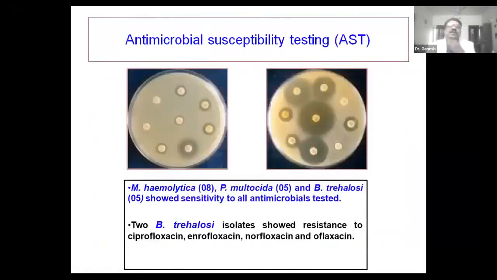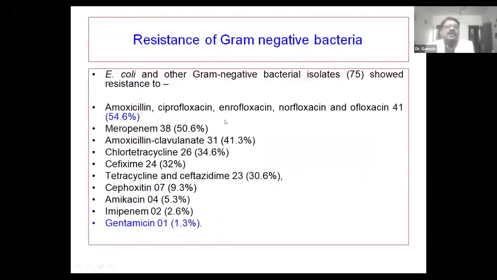Then we conducted antimicrobial susceptibility testing for Mannheimia hemolytica and Pasteurella multocida. We found that there is around 55% drug resistance to amoxicillin, ciprofloxacin, enrofloxacin, norfloxacin, and ofloxacin. These are commonly used antibiotics, and we are getting drug resistance for these antibiotics.